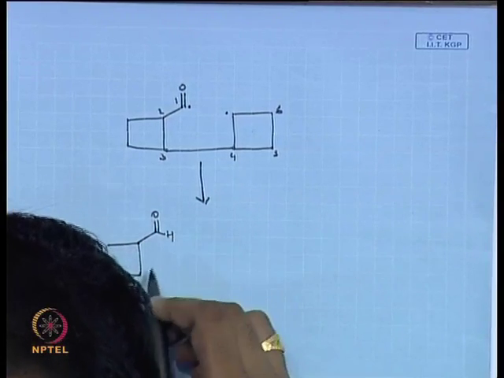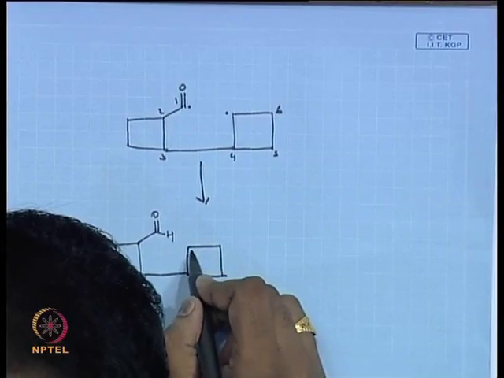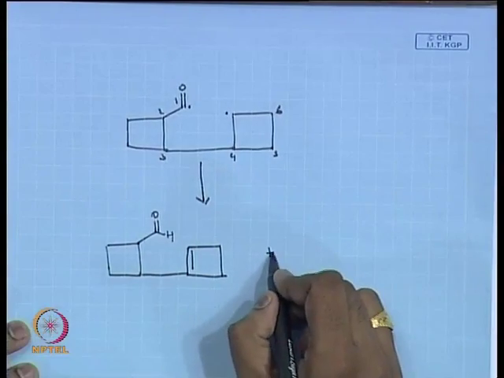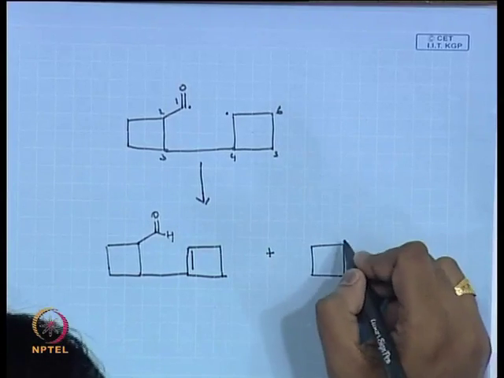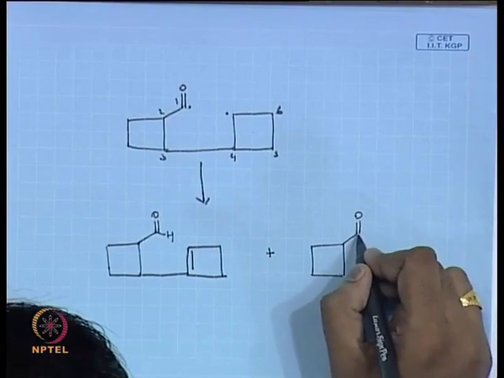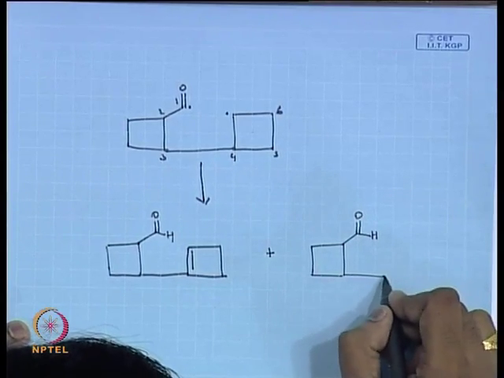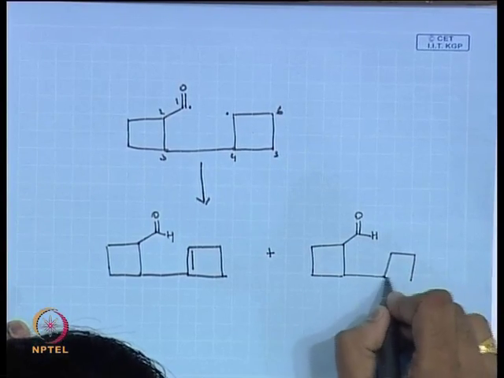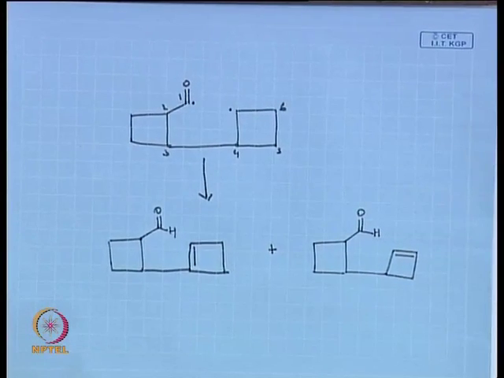We get an aldehyde and an alkene. That parent diradical can undergo decarbonylation to give rise to a 1,4 diradical.